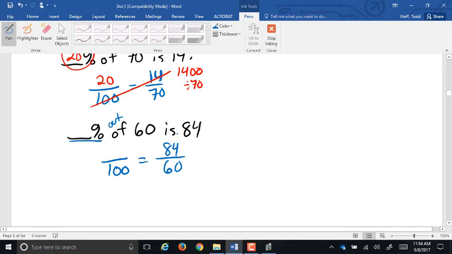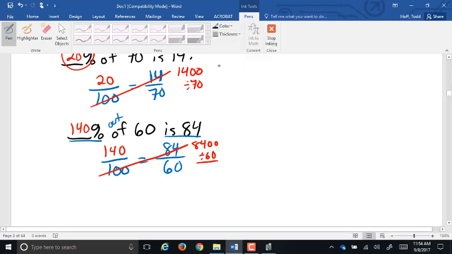The blank percent is 84, so the 84 has to go on top. Before I even calculate anything here, what do I know about this percent? It has to be bigger than 100 because the piece we're focusing on is bigger than the whole thing, so it's more than 100%. So 100 times 84 is 8,400. Divided by 60 is 140, so that's 140%.